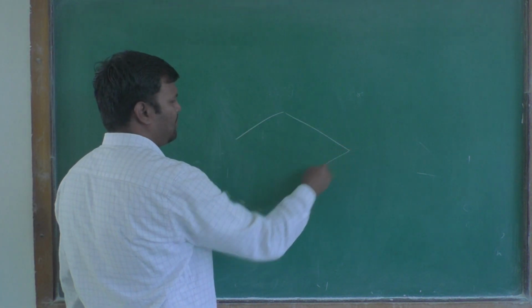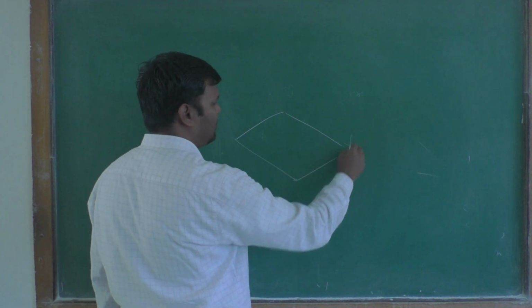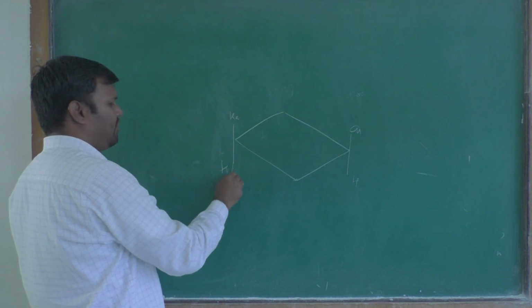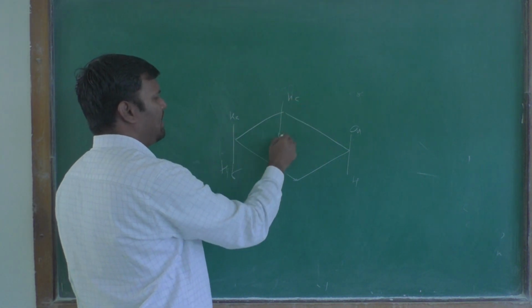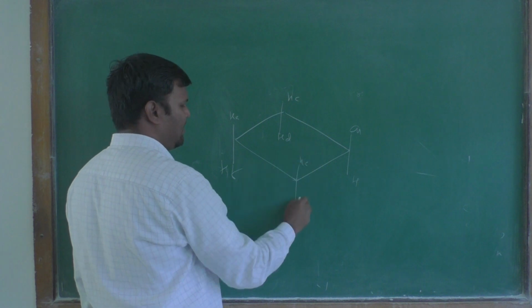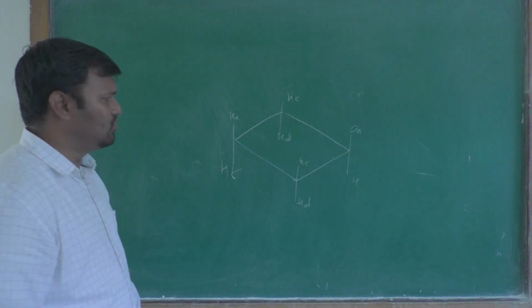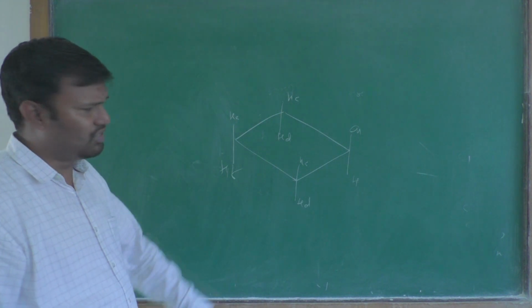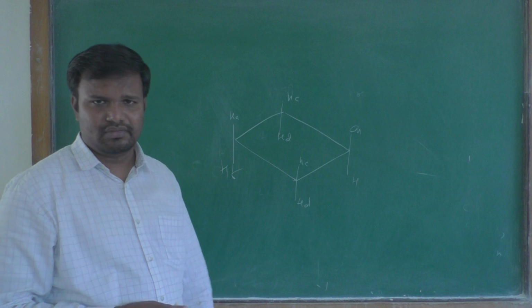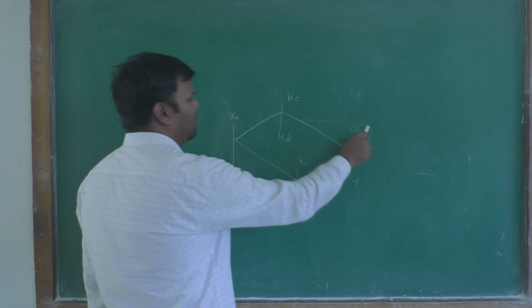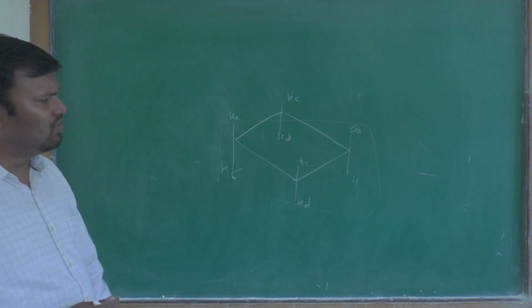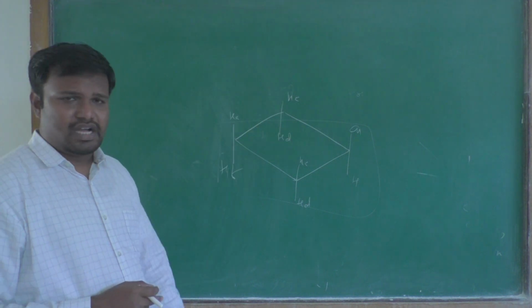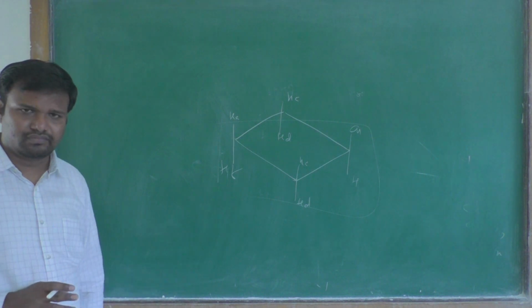Like that example is there. Already we have discussed OH is there, hydrogen is there, and HC and HD. These two are the same one, HC, and HD is the same one. When you pass the plane through this molecule, then this HC is reflected, HD is reflected.